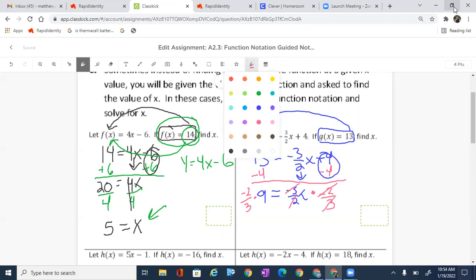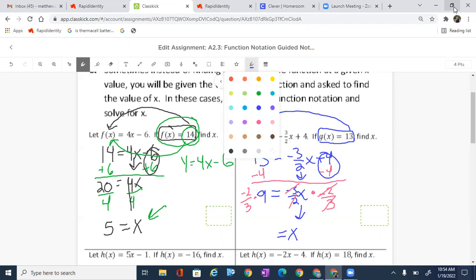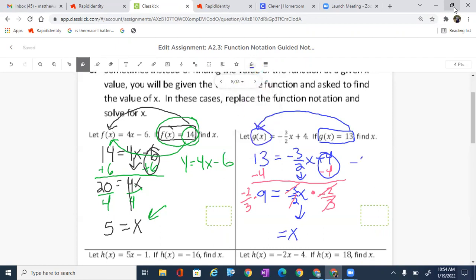And a negative times a negative is a positive, so that is going to leave us with this x. Now, the one thing we do need to do is the math for this fraction, which shouldn't be too hard. Negative 2 over 3 times 9 over 1. We get negative 18 over 3.